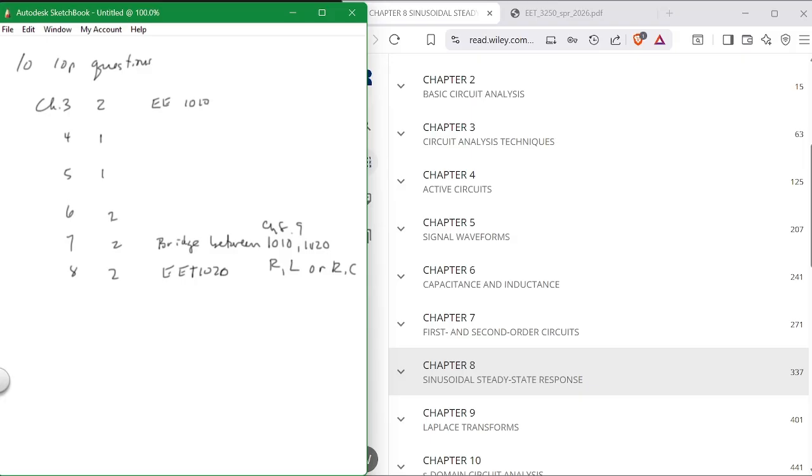Chapter 7, okay, chapter 6 is on the derivative and the integral. So there would be one derivative and one integral. All right? Using V equals L di over dt, or I equals C dV over dt, or the integral version of these.